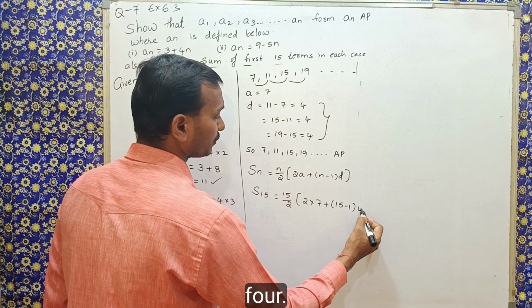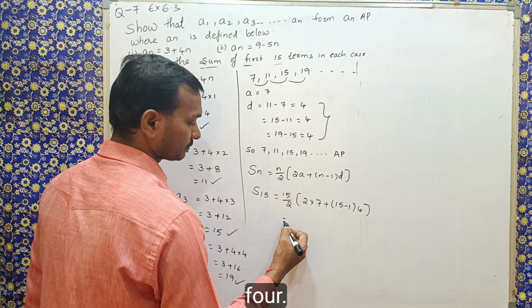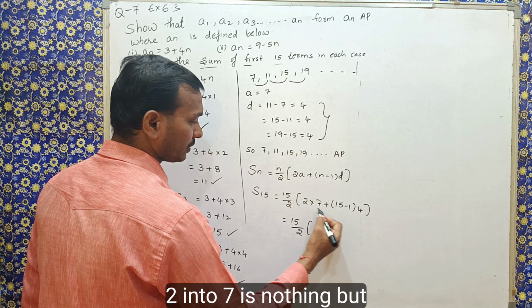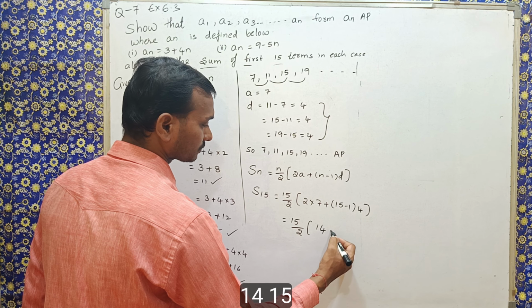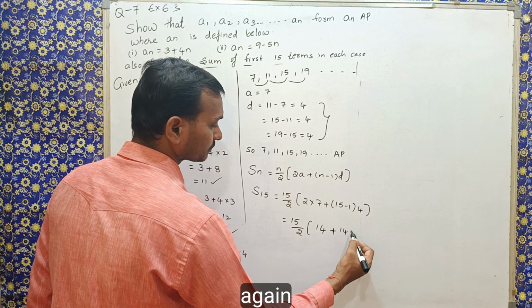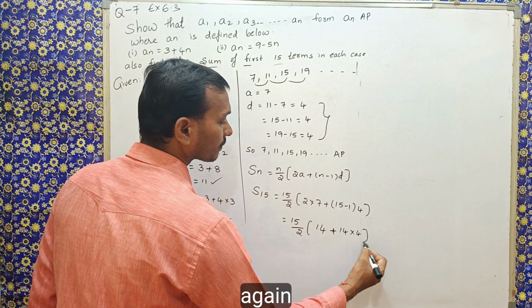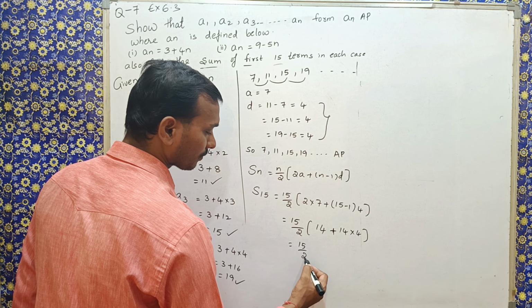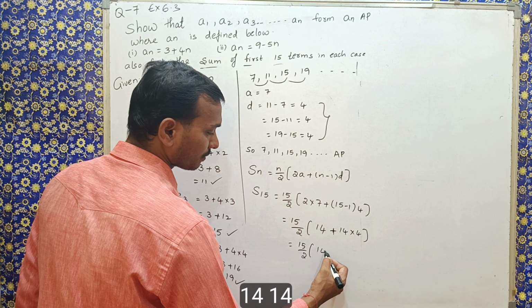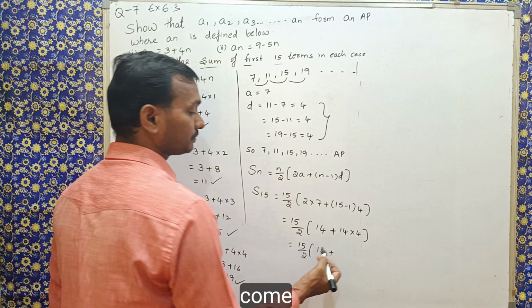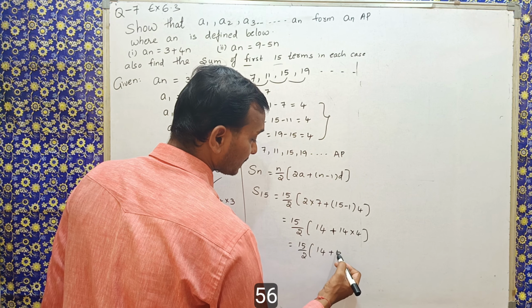Difference is nothing but 4. 2 into 7 is nothing but 14. 15 minus 1 is nothing but 14 again. So here 15 by 2, 14 plus 14 into 4, how much will it come? 56.